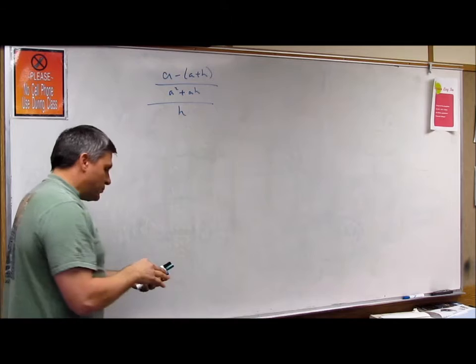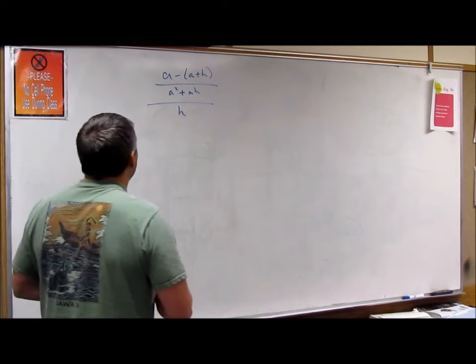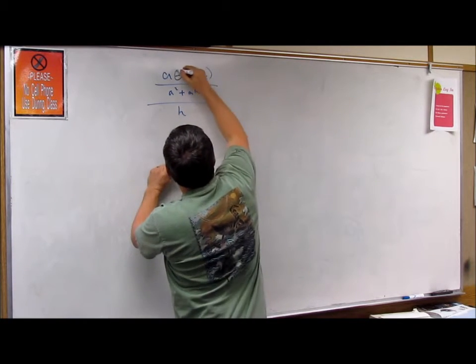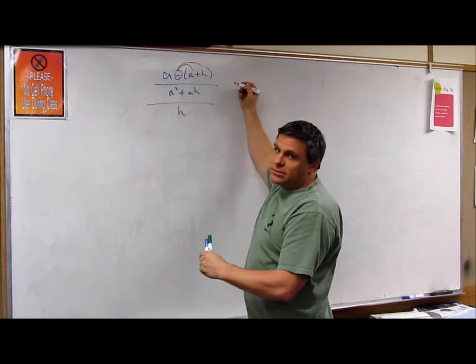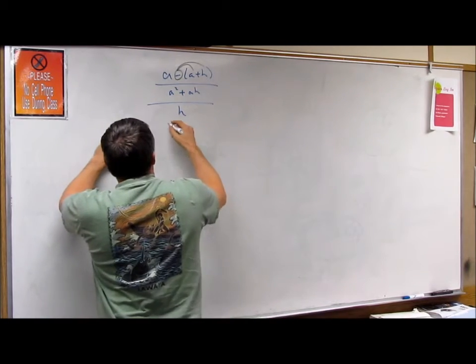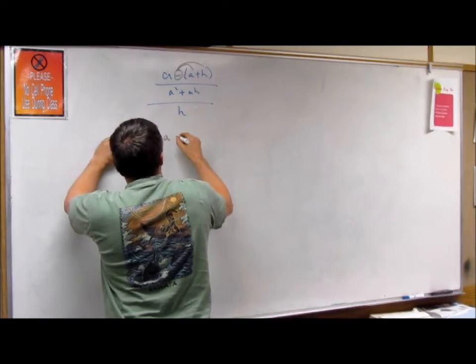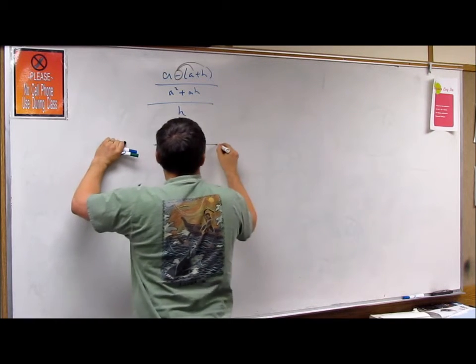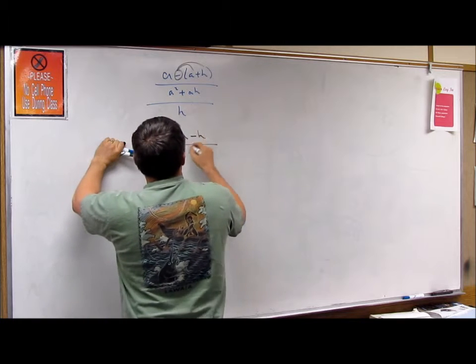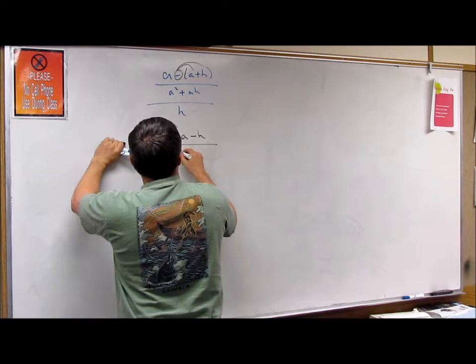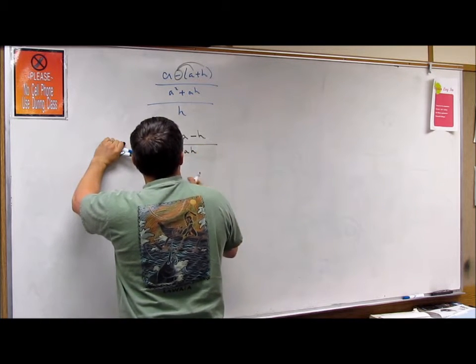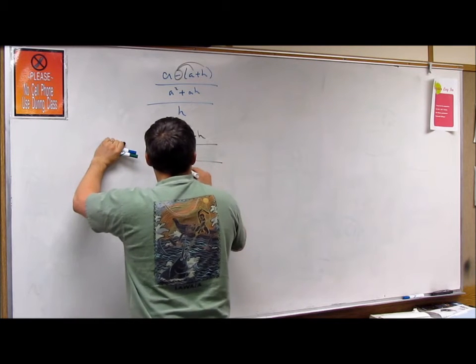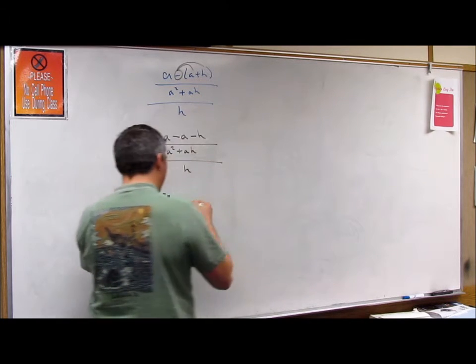And what I want to do here is bring this minus to everybody in the parentheses. So now I have a minus a minus h, all over a squared plus ah, all over h.